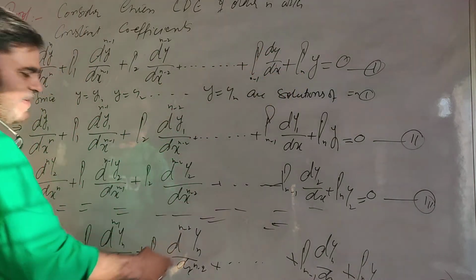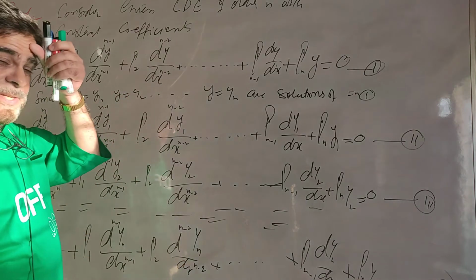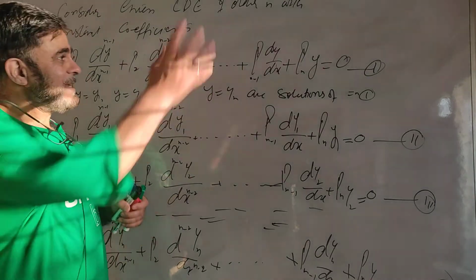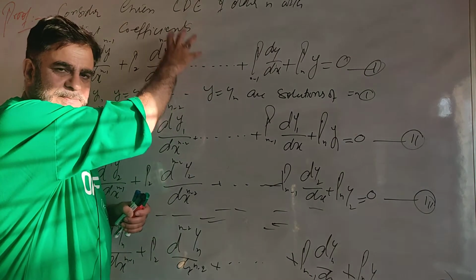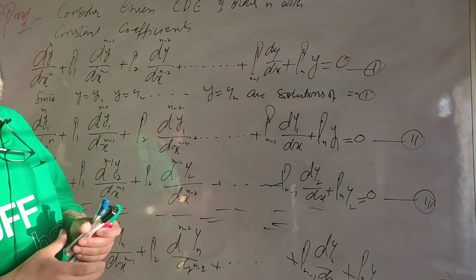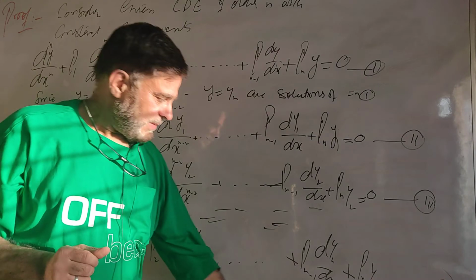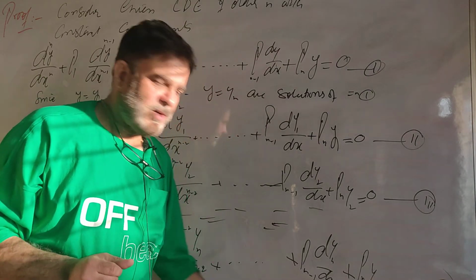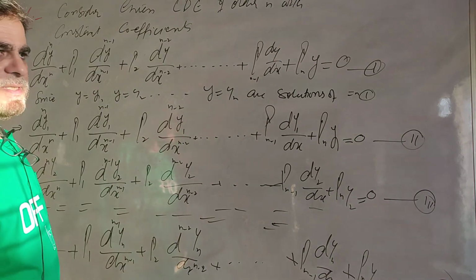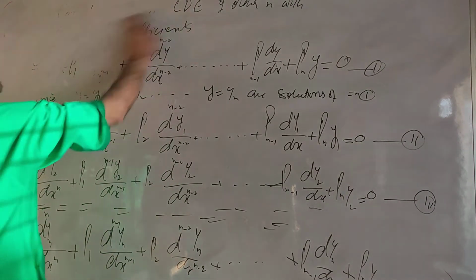If y is equal to c1 y1 plus c2 y2 plus so on to cn yn satisfies this equation, that means it is also a solution, and that will be called the complete solution of this linear differential equation. And finally we will write the observation on what this theorem states and where we use it. Okay, let us now see how we prove it.